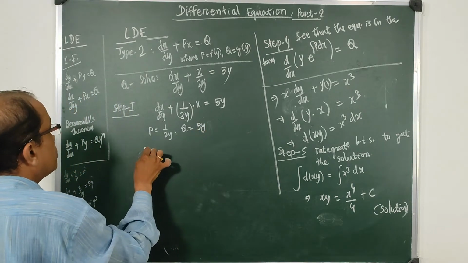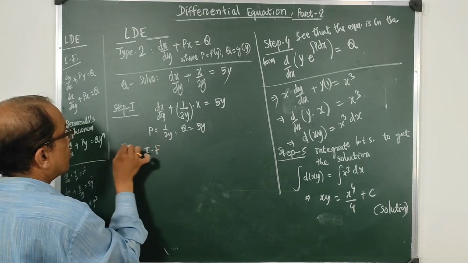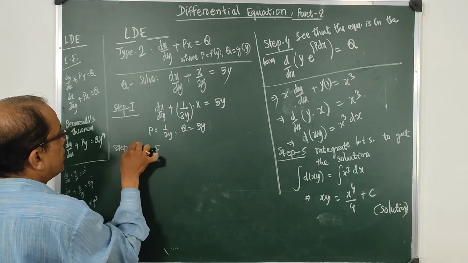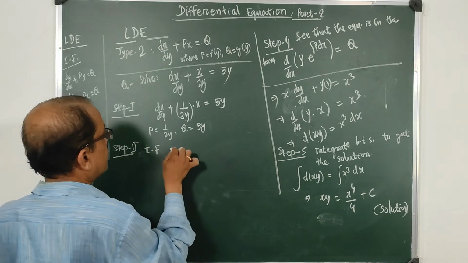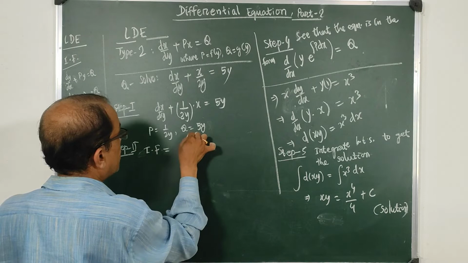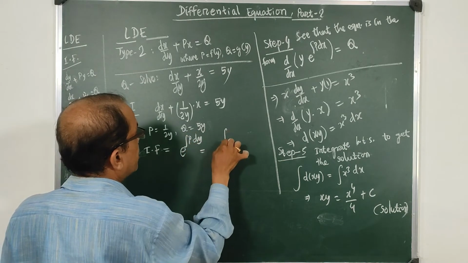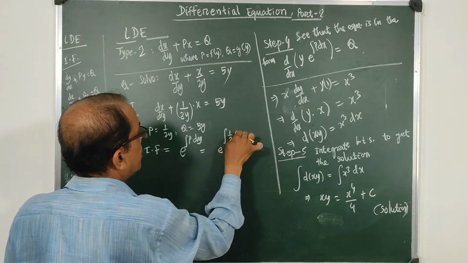Now step 2, we have to find the integrating factor. The integrating factor will be e to the power integration of p dy, so it will be e to the power integration of 1 by 2y dy.